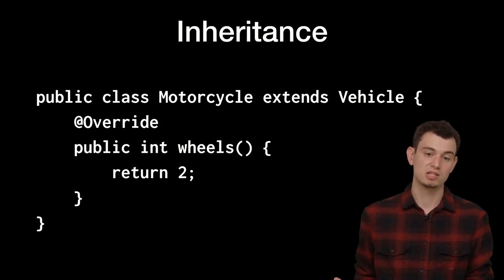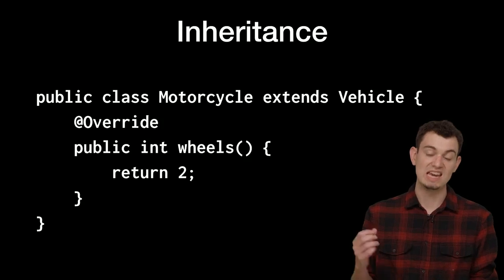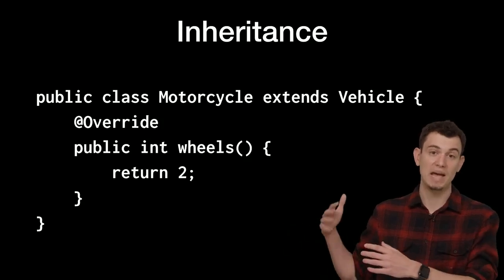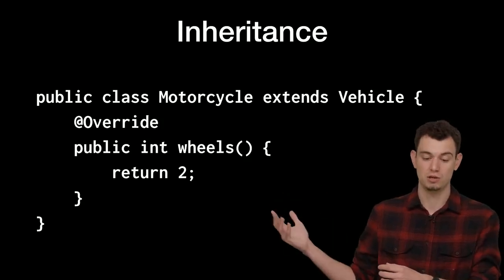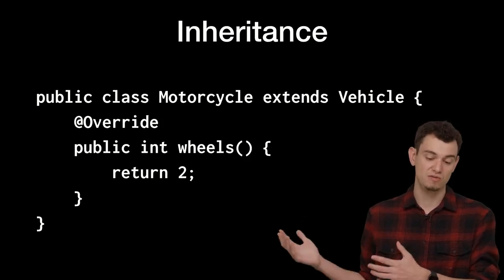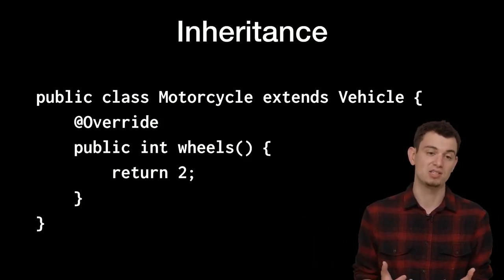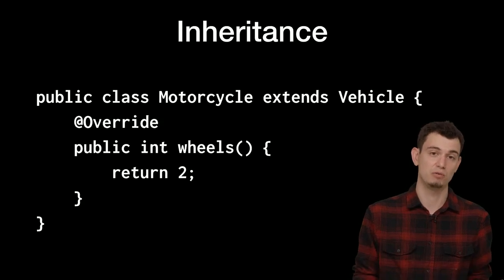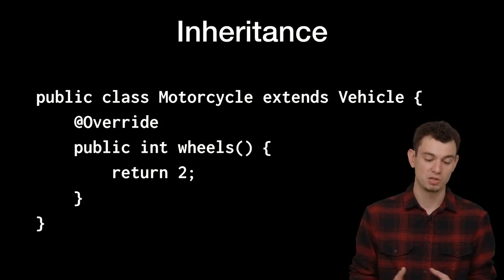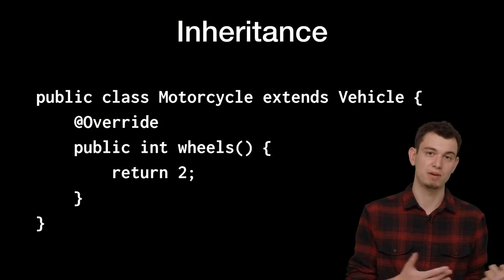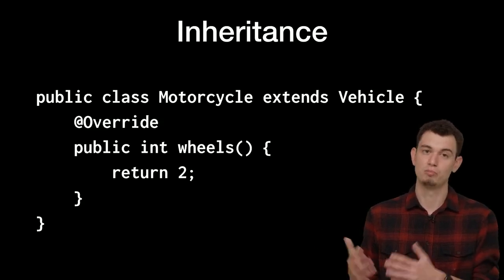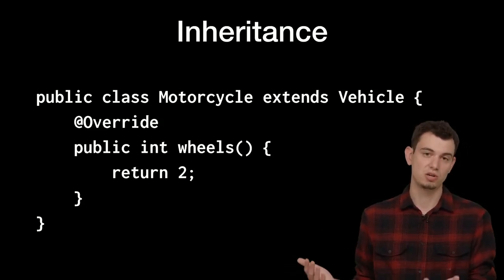So this in Java is how you're saying this class inherits from this other parent class or superclass. And after I say extends vehicle, now my motorcycle class has access to everything that was in that vehicle class. So I could say motorcycle.wheels and get back 4, motorcycle.go, and it would print out something to the screen, just as I could with vehicle.